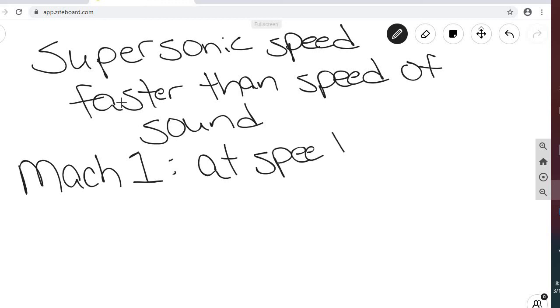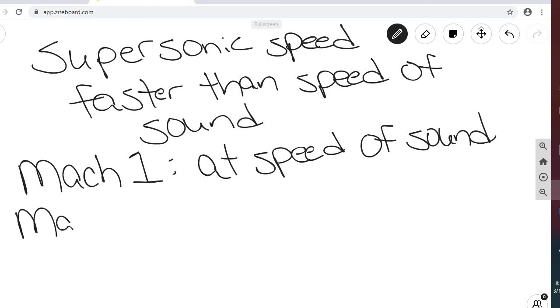And remember, the speed of sound varies depending on temperature. So as a plane is flying through the air, the speed of sound will depend on the temperature of the air. So at the speed of sound, that is referred to as Mach 1.